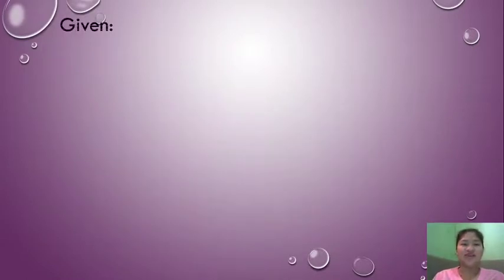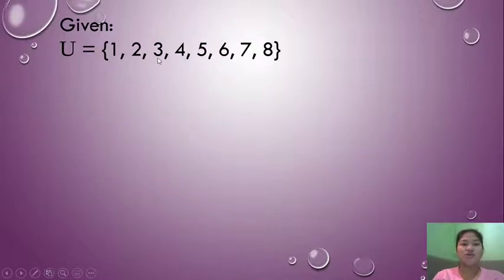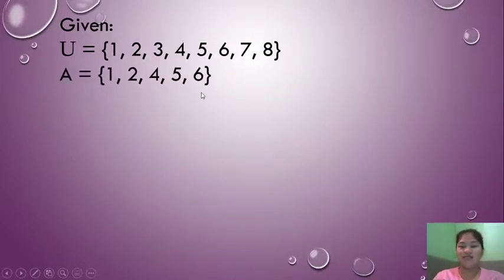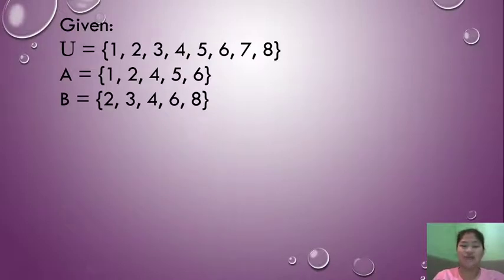Let's say you are given the universal set contains 1, 2, 3, 4, 5, 6, 7, and 8. And then set A contains 1, 2, 4, 5, and 6. And set B contains 2, 3, 4, 6, and 8. How are we going to construct the Venn diagram for the given sets?